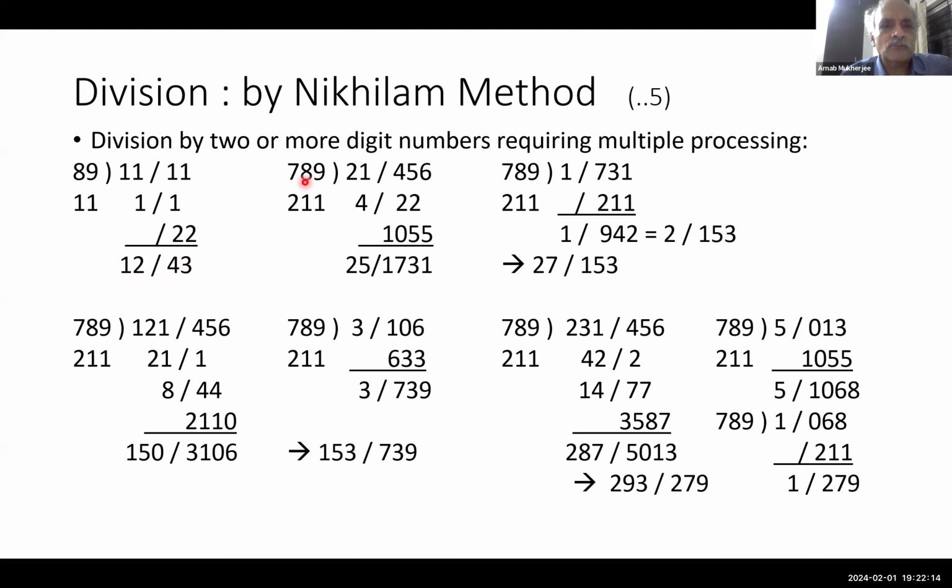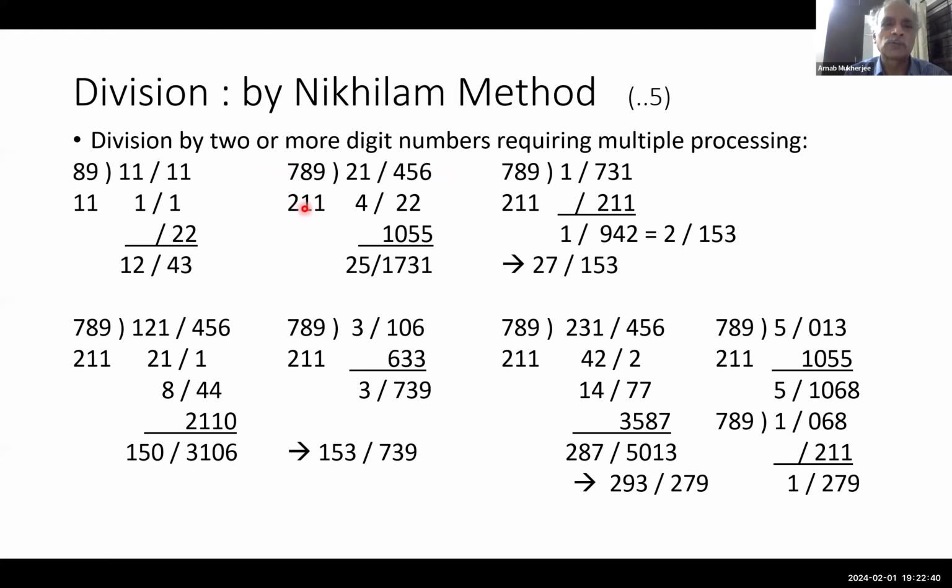Here, 21456 divided by 789. So 211 becomes my working number, because of the Nikhilam Navatashcaramam Sutra: 10 minus 9 is 1, 9 minus 8 is 1, and 9 minus 7 is 2. Or 1000 minus 789 is 211.